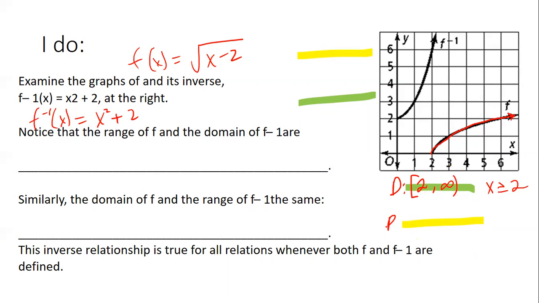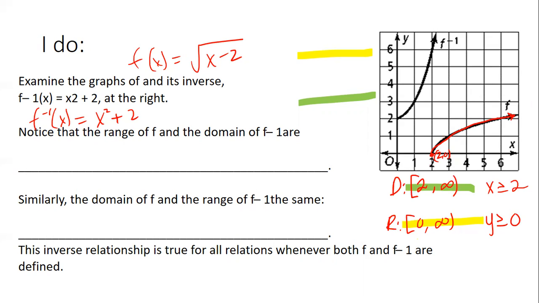My range is bottom to top. So if I'm here at (2, 0), where does my range start? What's my lowest y value? Lowest y value is 0, and then it goes to infinity. So 0 to infinity. That's my interval notation, and my inequality notation would be y is greater than or equal to 0. Do we remember doing domain and range?